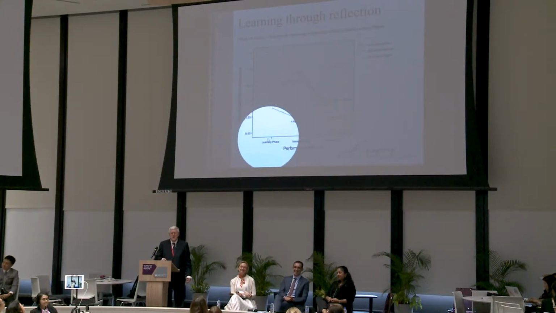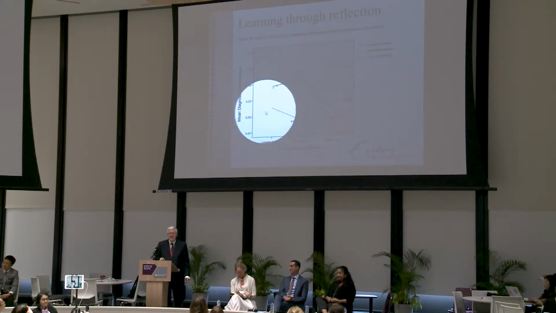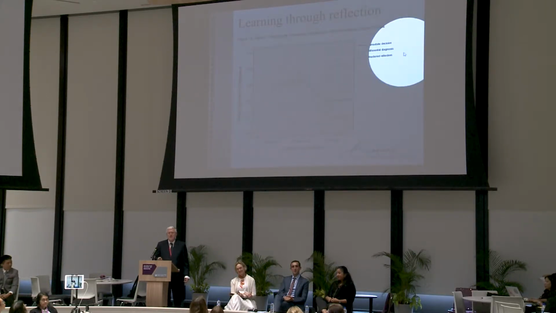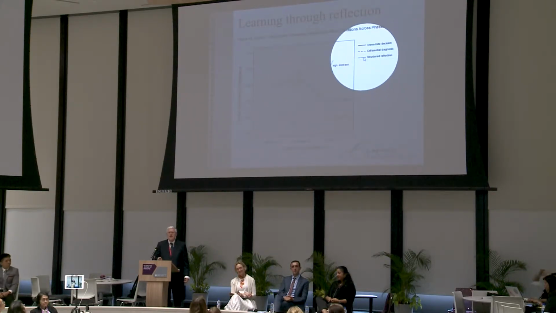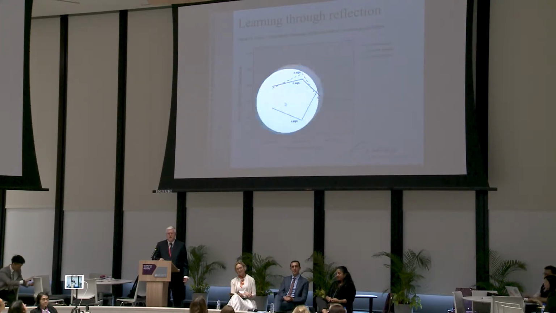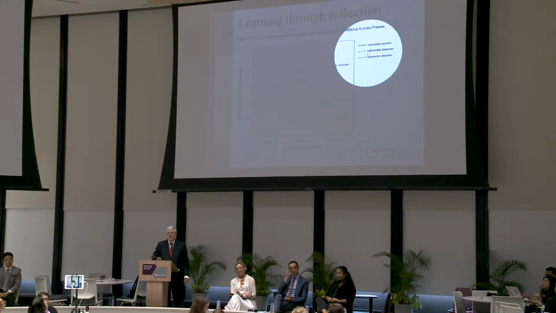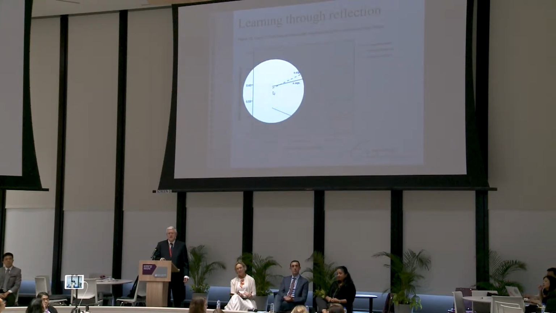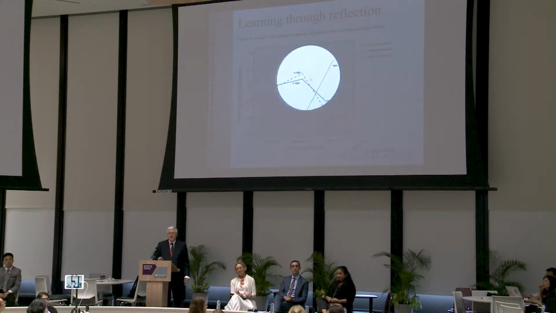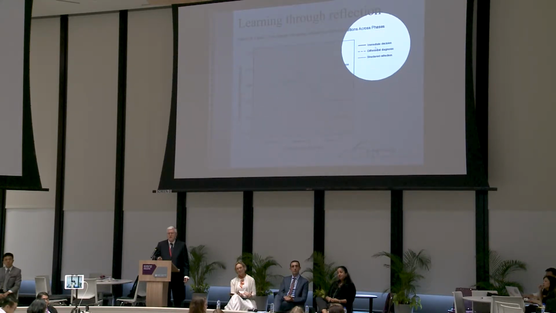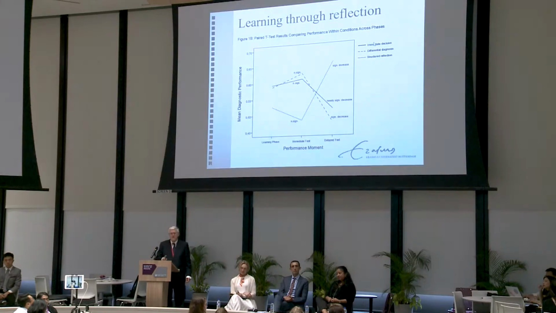So there's a learning phase where they see 8 cases, and this is their performance. This is the performance of the group that had structured reflection, deliberate reflection. This is the score of the group that had a differential diagnosis, and it is the same as the group who had to make an immediate decision.